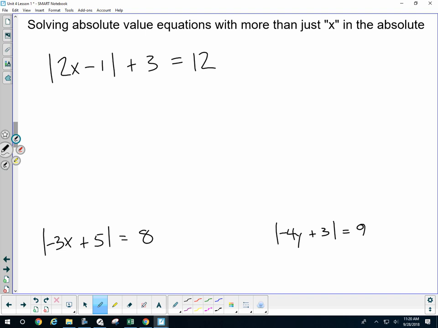So here's the key to solving absolute value equations with more than just x in the absolute. Okay? Isolate your absolute value. Then get rid of the absolute value by setting your stuff inside your absolute value equal to plus or minus the number on the other side.